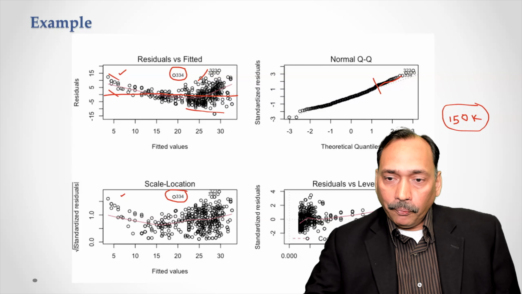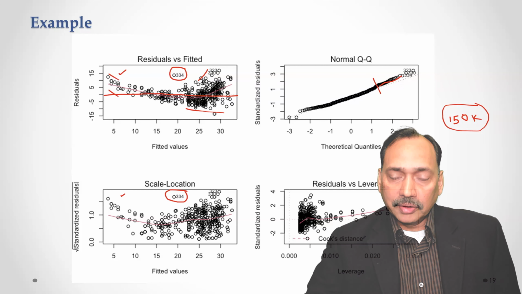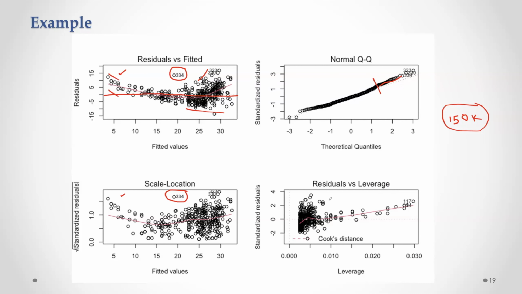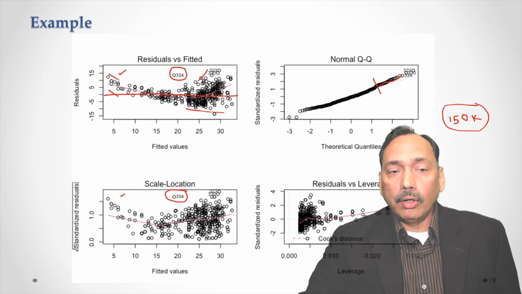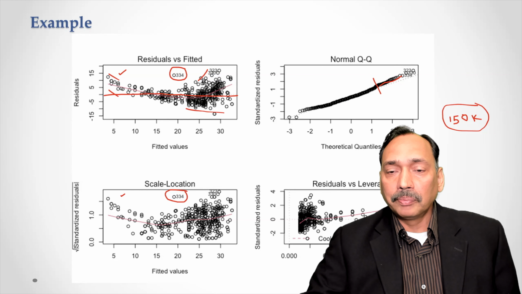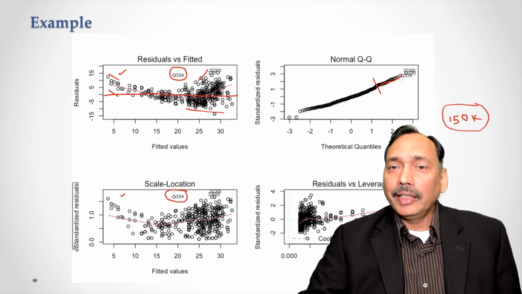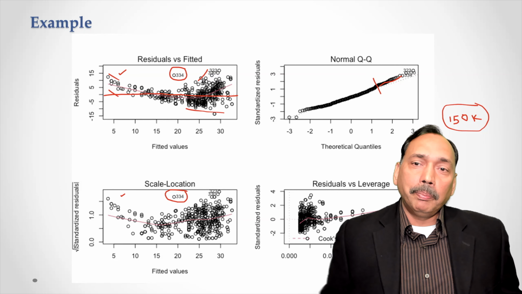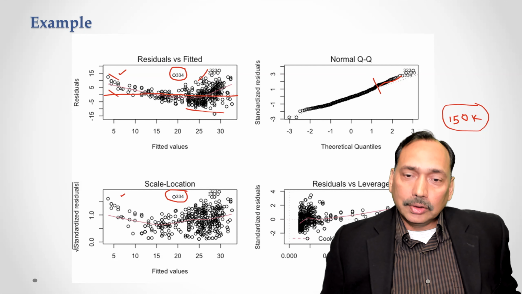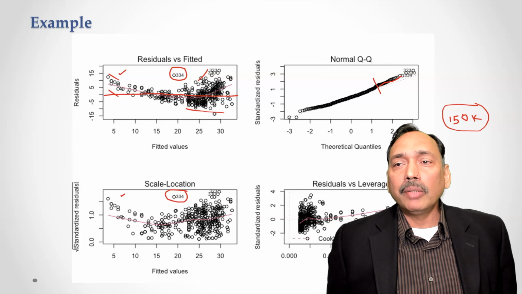But if you look at the fourth plot, where we see whether any single data point in terms of Cook's distance has a huge leverage on the regression model, we don't see this 334th data point. Although it is flagged in two plots, if it is not having a huge impact on the model, it may not be creating any problem.